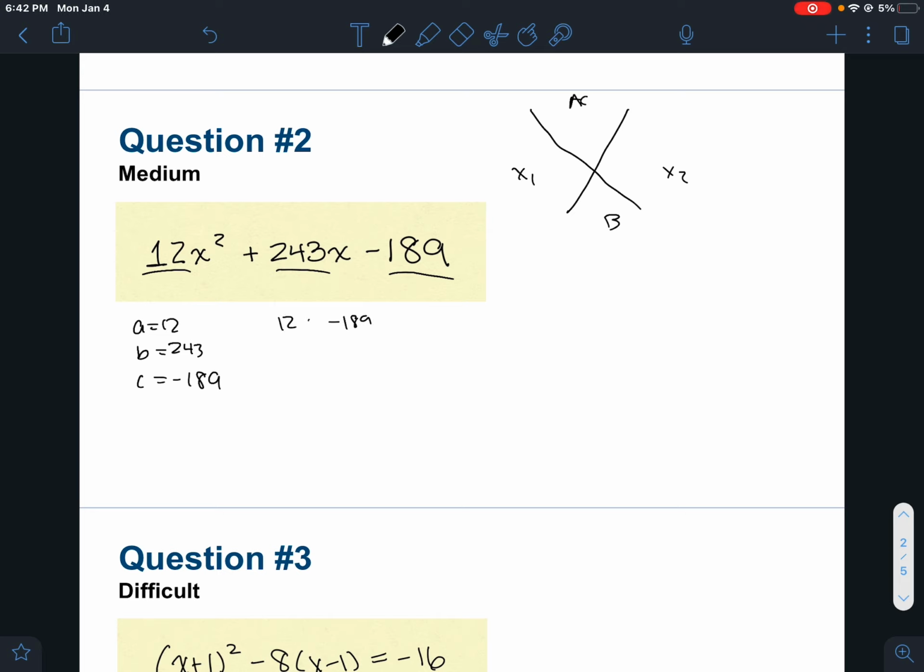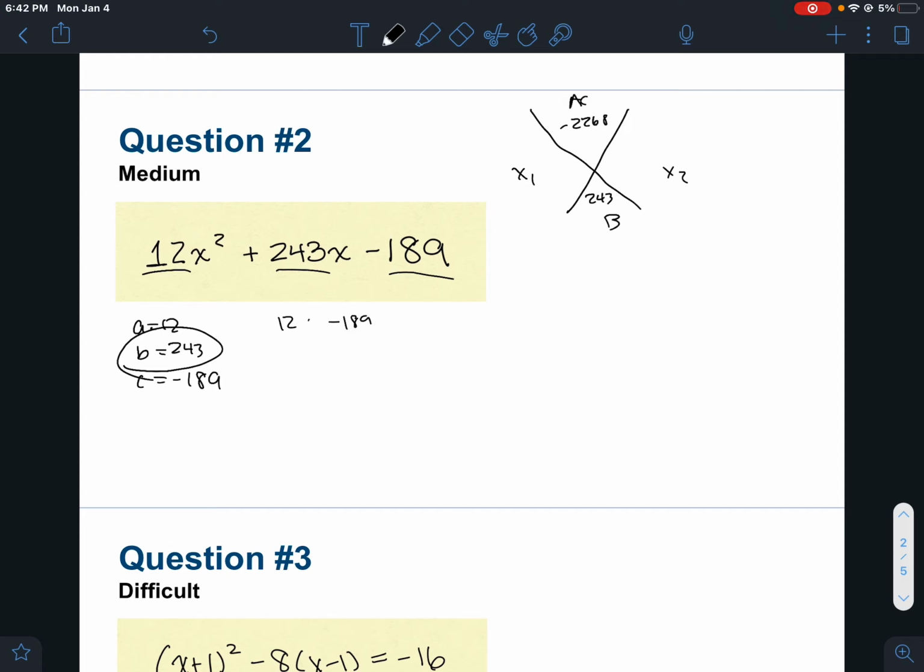So let's go ahead and calculate that. I have my phone right next to me, and 12 times negative 189 is going to be negative 2,268. And B is just going to be 243. Remember that B is just right here, and you just have to plug it in.